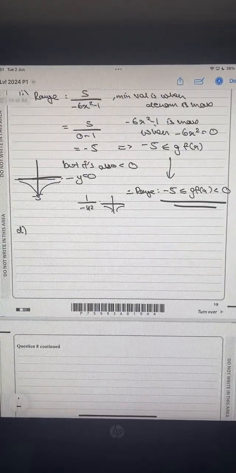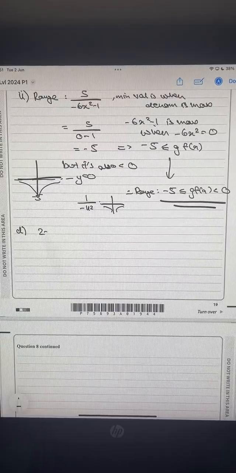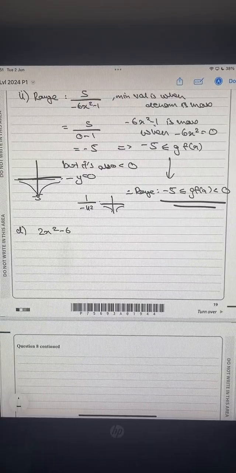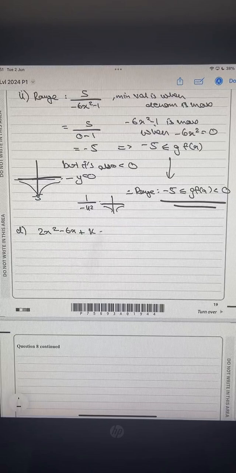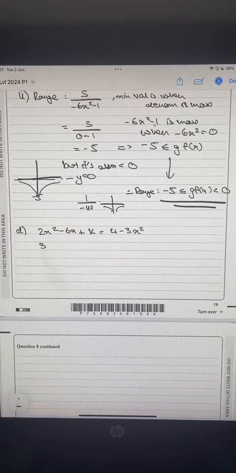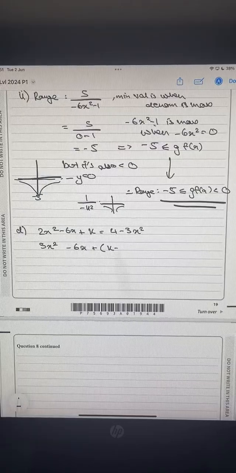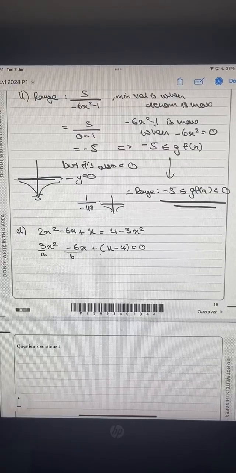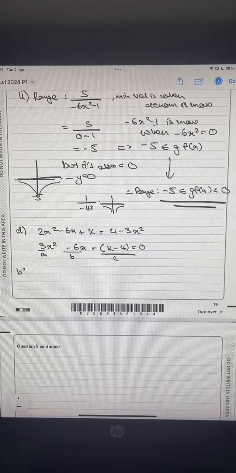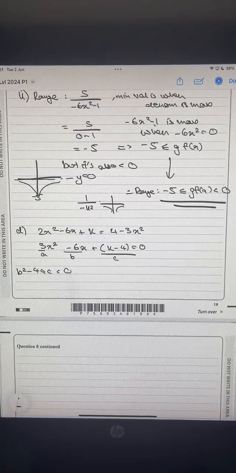So for part D, I'm going to set my equations equal to each other. So 2x squared minus 6x plus k, that's h of x, and that's equal to f of x. And then just solve. So bring that there, that's 5x squared minus 6x plus, and then that's k minus 4 equals 0. So that's a, that is b, and that is c. So b squared minus 4ac is less than 0.